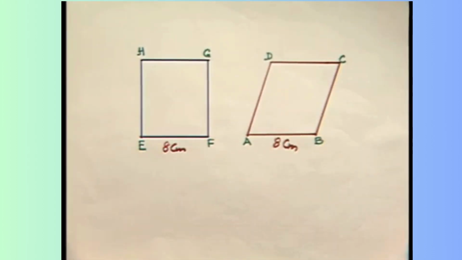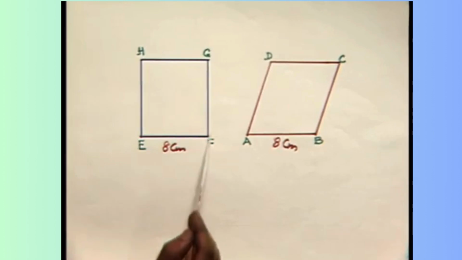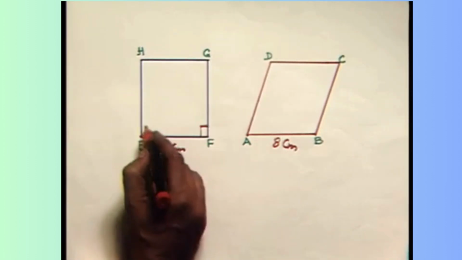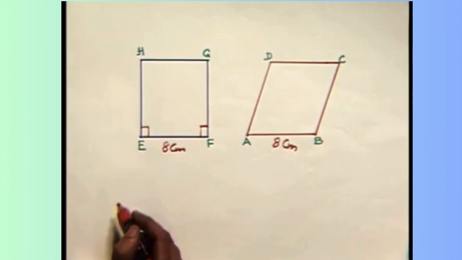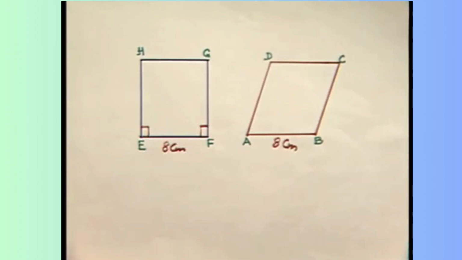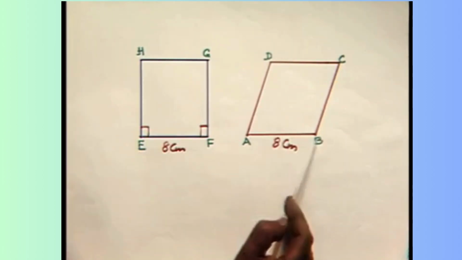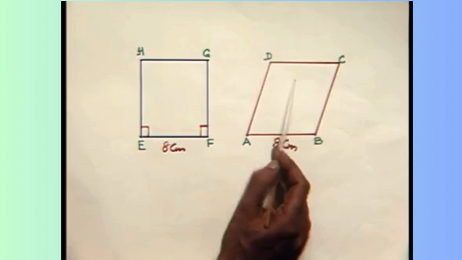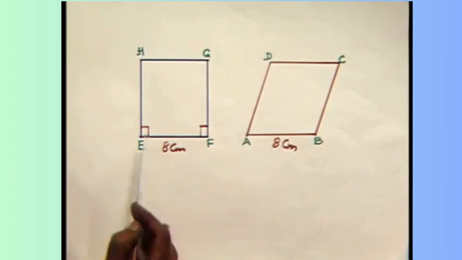Now, this one being a square will have each side as 8 centimeters and each angle will be 90 degrees. But how about this? This is a rhombus ABCD. Here the sides are all equal, that is 8, but the angles are different.